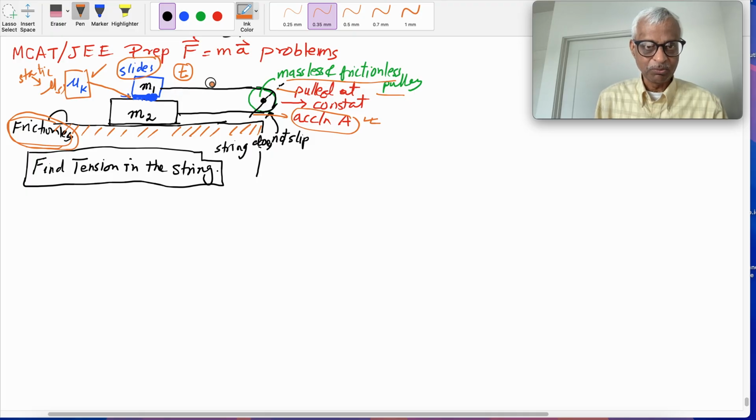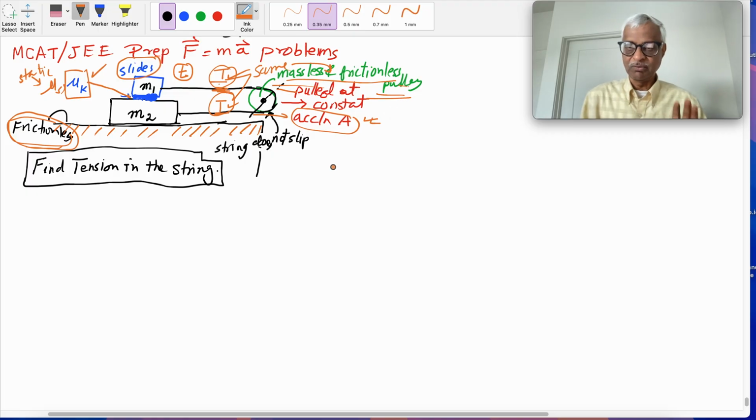And so the question is, what is the tension here? What's the tension here? And of course, this is a massless pulley, so the tension on this side will be the same as the tension on this side. So we don't have to use two different symbols. So the question is finding the tension, and the tension is the same because of massless and frictionless pulleys, right?